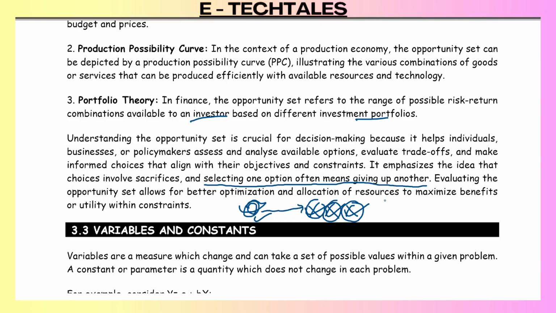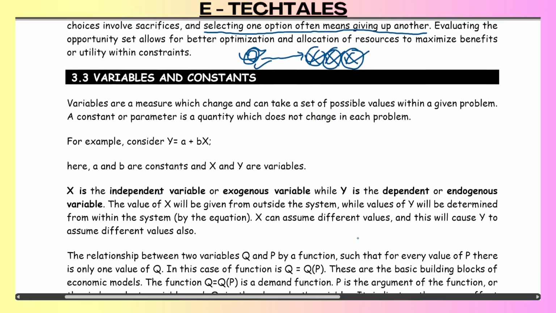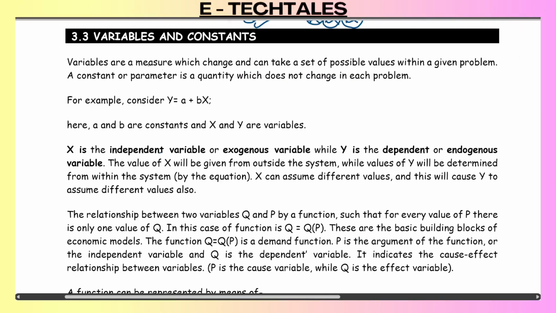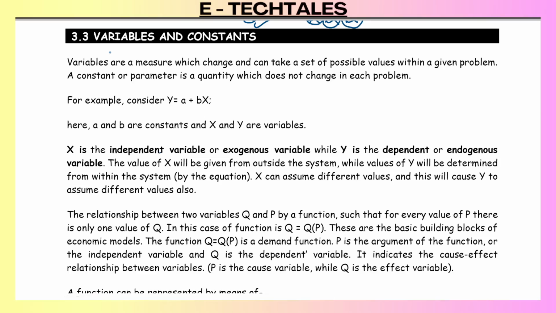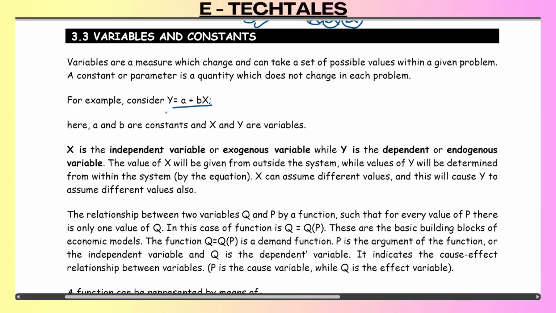Now going to variables and constants. Here, a very familiar thing that we know already since 11th, 12th, or bachelor's, is the definition y is equal to a plus bx, which is a straight line linear equation.